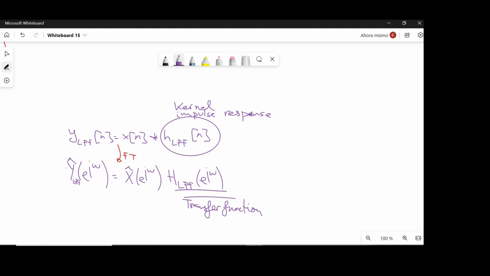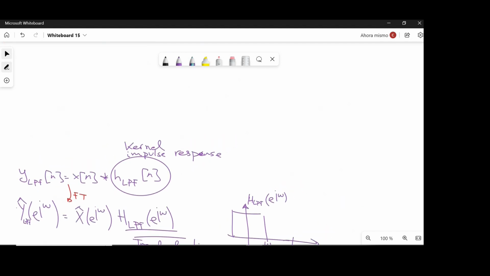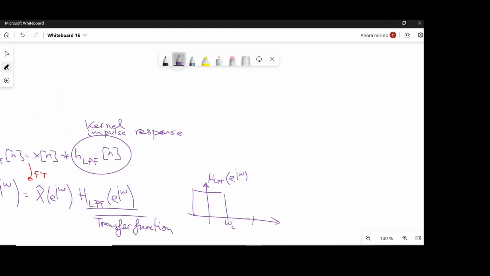And actually for low pass filters this is very simple. So for a low pass filter, it looks like this. Let's say C, then it repeats. Then this is very simple. This is the inverse Fourier transform of this. So we now go to real space.